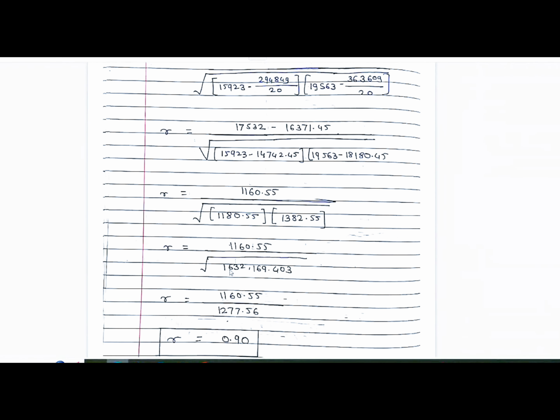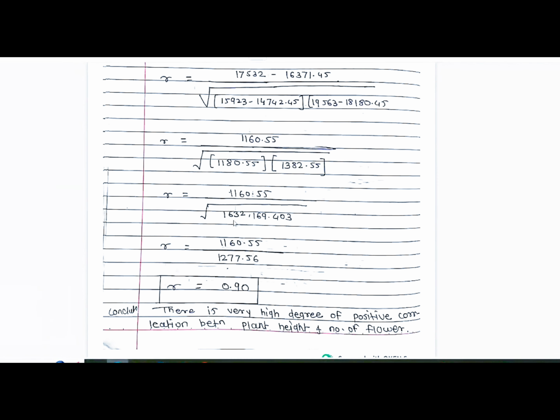So the answer will be 16,032, I think. So do the multiplication. Sorry, 1 lakh or 16 lakh 32,169.403. Right? Now take the square root. The answer will be 1277. And in the last, you have to just do the division. 1160 divided by 1277. The answer is 0.90.